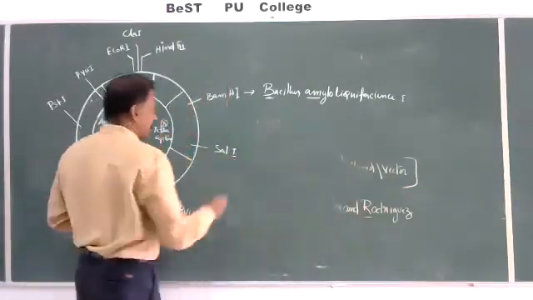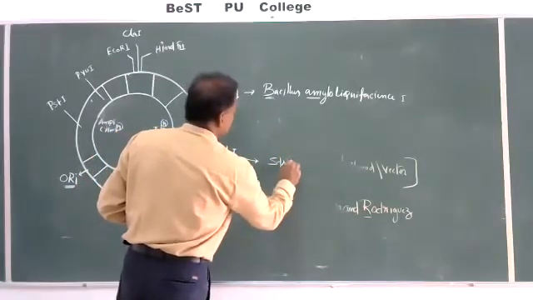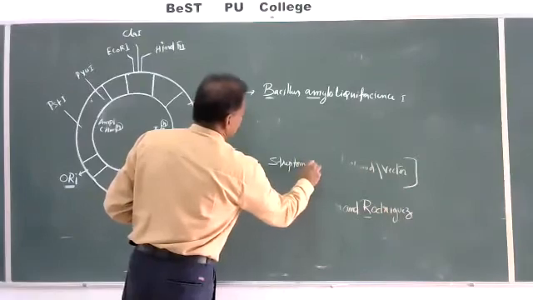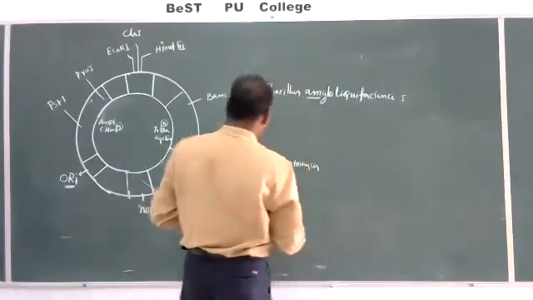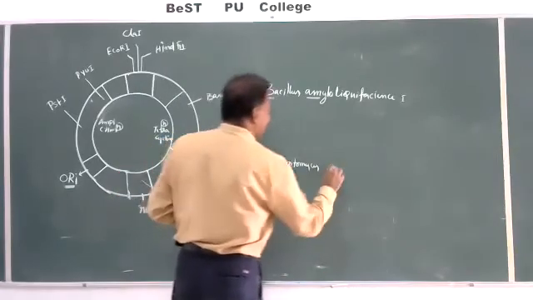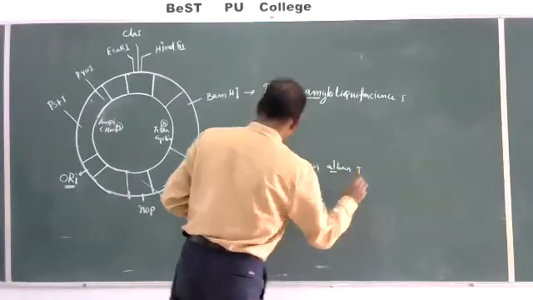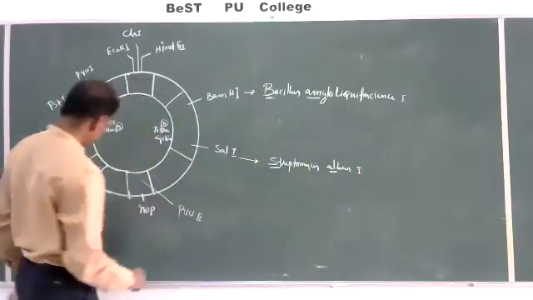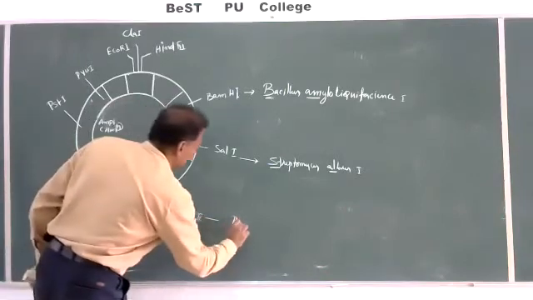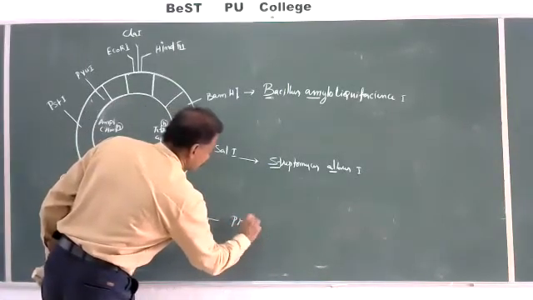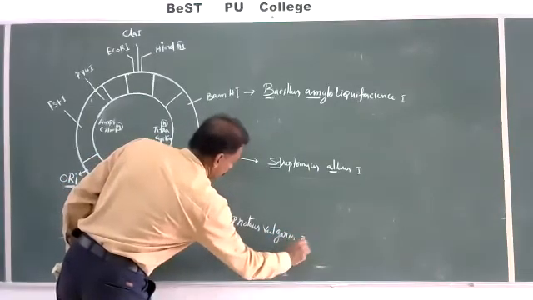Streptomyces, S, AL, albus, 1. PVU 2, Proteus vulgaris, 2.